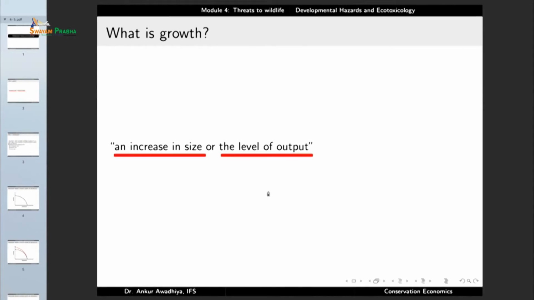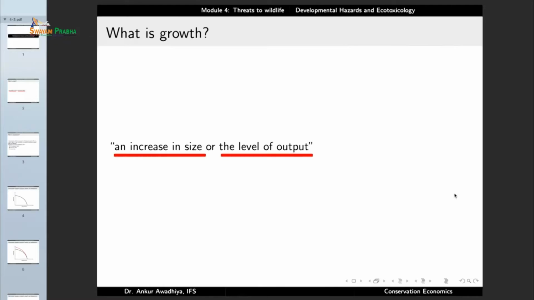The total amount of income that we are having or the total resources that we are having, they are increasing with time. When that happens, we will say that an economic growth is occurring, or an increase in the level of output of something. So, for instance, there is an industry that is producing, say, 100 cars in a day, and because of some technological changes or because of certain managerial decisions, this output increases to 250 cars in a day.